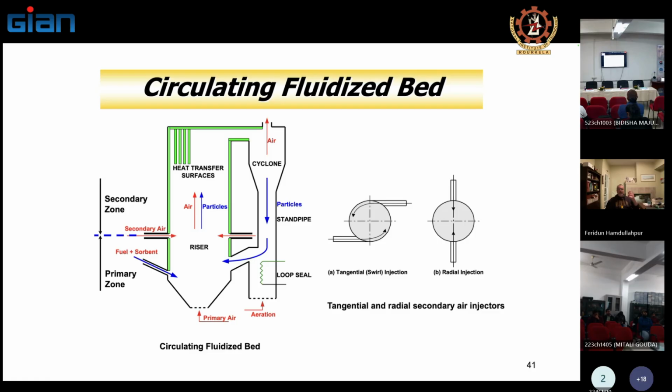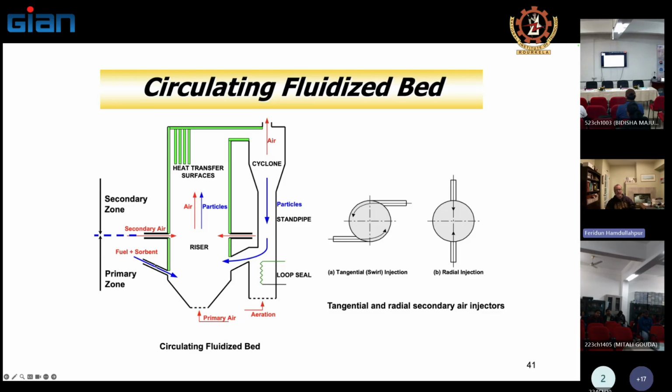Okay, remember, a bubbling fluidized bed is a once-through operation. Reaction takes place, and whatever the reactants are, they leave, and you add more, either continuous operation or batch operation. In bubbling fluidized beds, bubbles are present. In a circulating fluidized bed, it's a continuous operation. It's not a one-time operation.